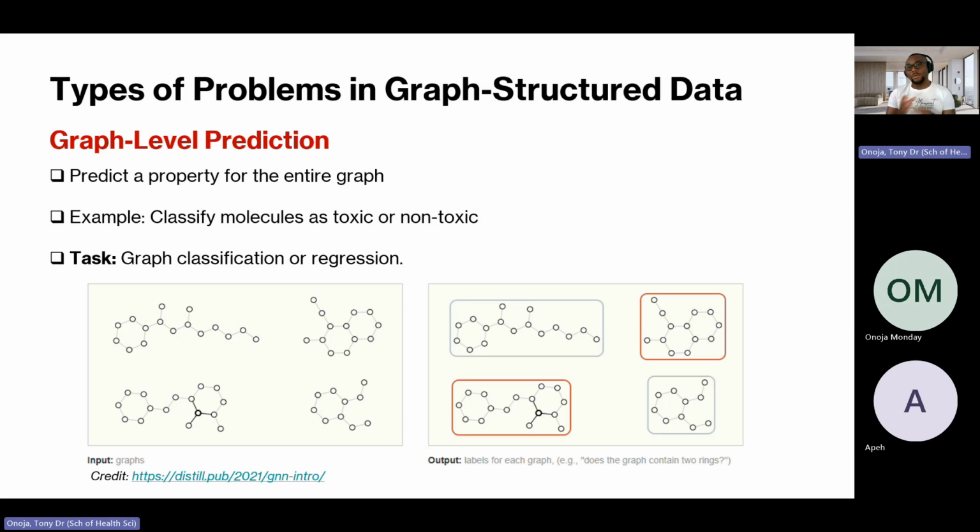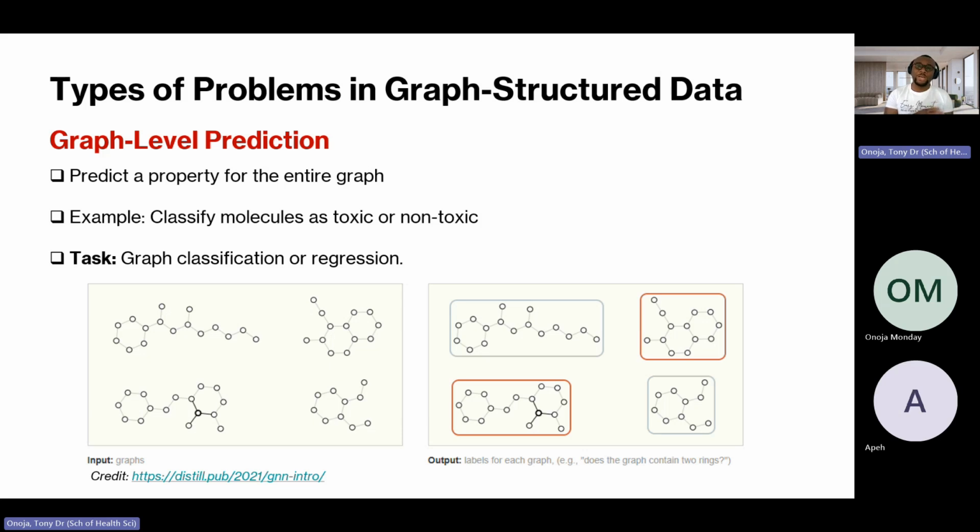But we have been focusing on the two, unsupervised and supervised. So in similar form, we can also talk about it even in graph neural networks. We still have the unsupervised, supervised, and all that.